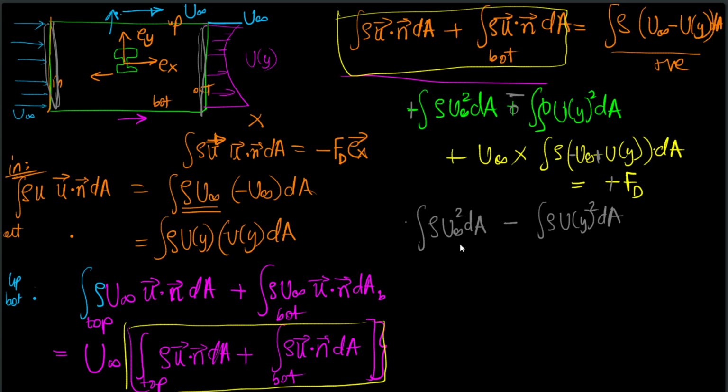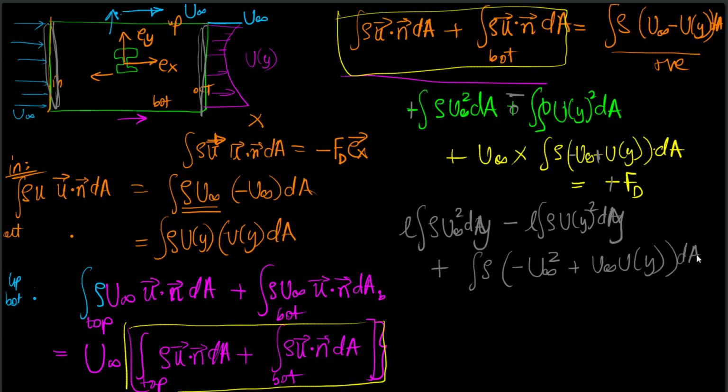the length into the plane, and the length into the plane we can choose to be 1, or we can do the entire calculation per unit length, no problem. So essentially it's going to be dy times the length into the plane, and this term is plus u infinity, or let me take this u infinity inside, so integral rho times minus u infinity square plus u infinity uy dA, and dA is again dy times length, this is going to be fd.